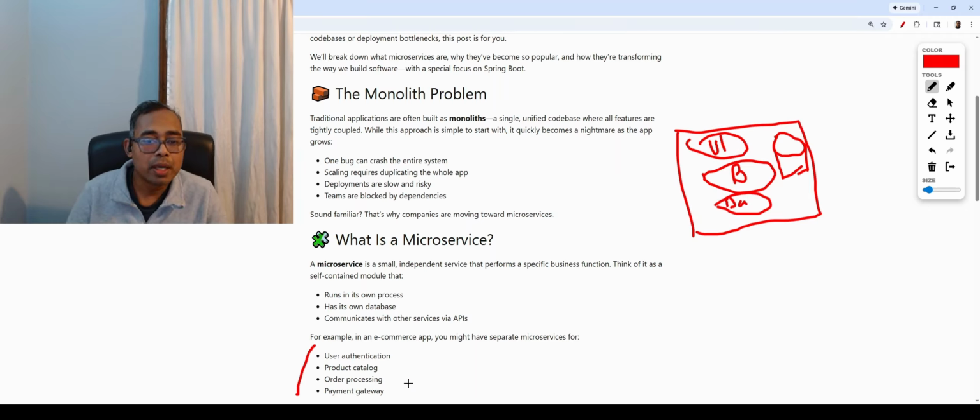That's why deployments are slow, and the build will take more time, sometimes even hours if the application is very big. Not only building, but also running all the unit tests; there could be thousands of unit tests. So teams are blocked by dependencies.